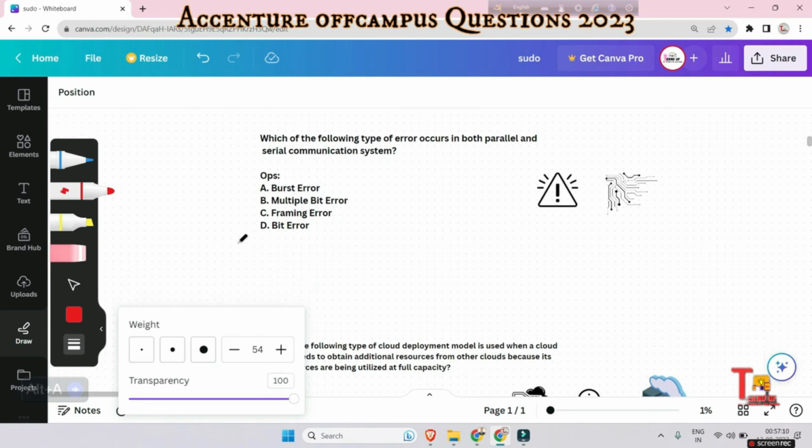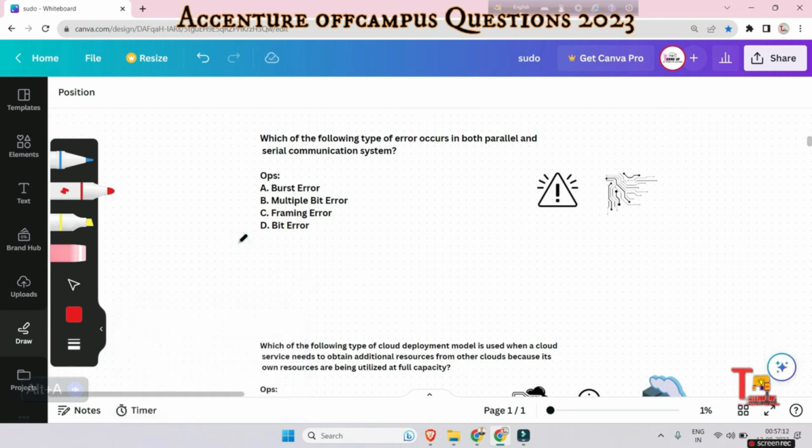Which of the following types of error occurs in both parallel and serial communication systems? Let me clear a little concept here. What is hybrid, what is burst error, multiple bit error, framing error, bit error, right? So actually there are two communication systems, parallel and serial.